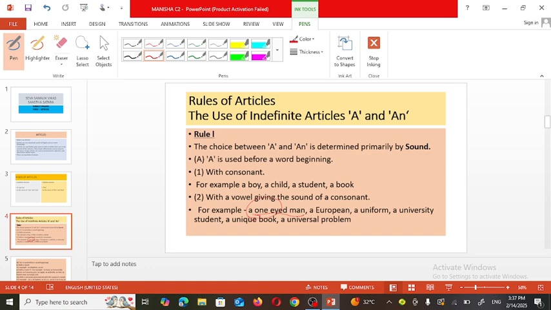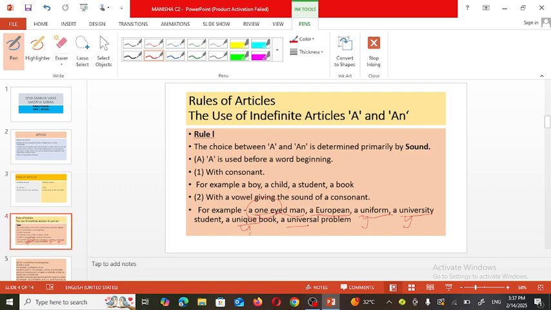Now see another word, European. Though it starts with the letter E, the letter E is not pronounced in the same way. What is its pronunciation? European. It sounds like Y. Here again, uniform. Uniform is again pronounced with Y. University student, university. Starts with Y. Unique, unique book.